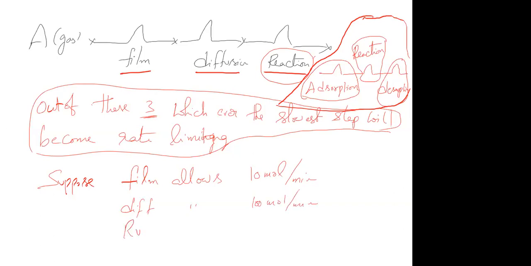Let's say reaction allows 1000 moles per minute. Then what is the overall rate that you observe? My reaction can allow 1000 molecules, my diffusion can allow 100 molecules, my film will allow 10 molecules. Then finally, what is my overall rate? How many molecules will you see converting into products? Is it 10, 100 or 1000?